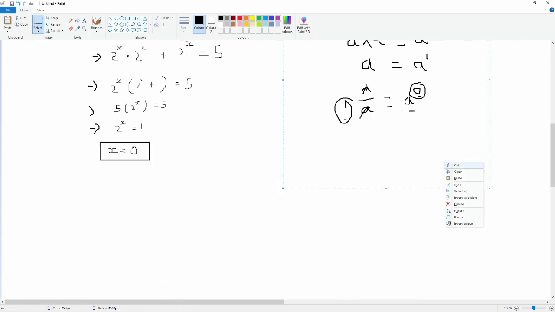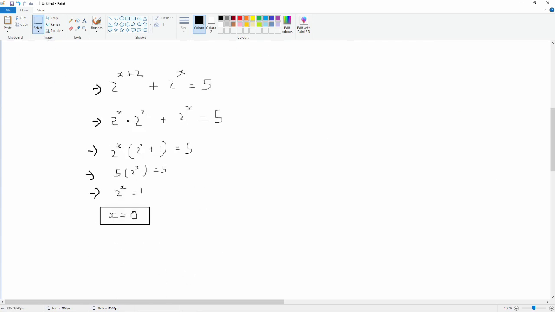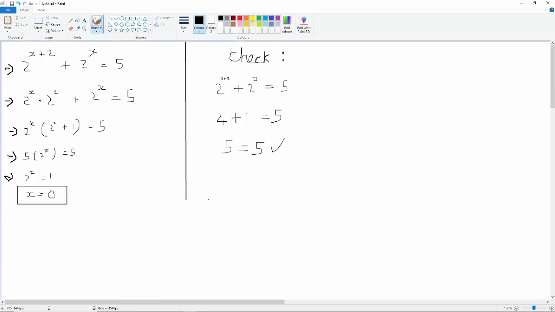Now, what I usually do, or what I like to do when I have the time, is to check that my answers are correct. And what I do then is I substitute my answer back into the original question.